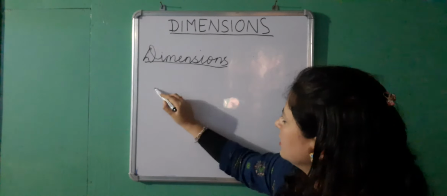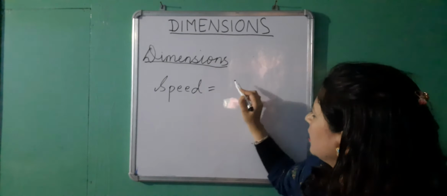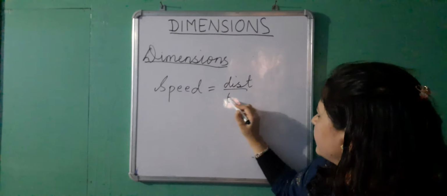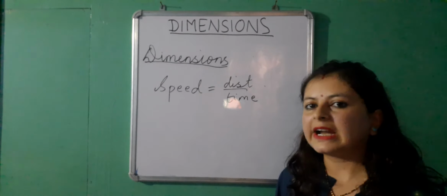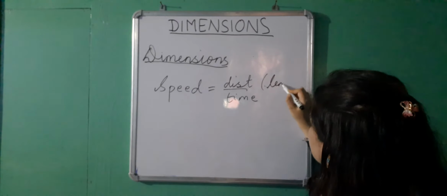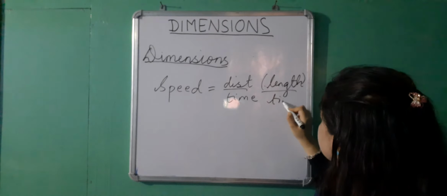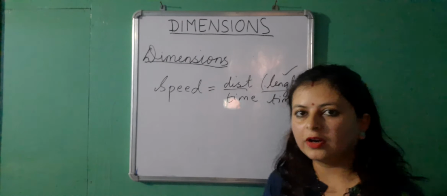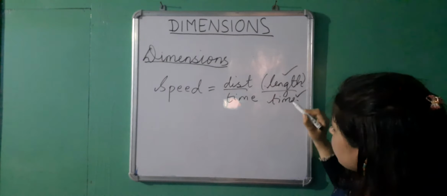For example, if I talk about speed, the formula for which is distance covered per unit time. So distance divided by time is the formula. All right. So if I want to write the dimensions of speed, distance is basically a certain length of path followed divided by time. So here the two fundamental physical quantities involved in writing the formula for speed are length and time.